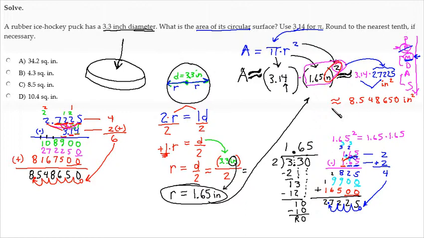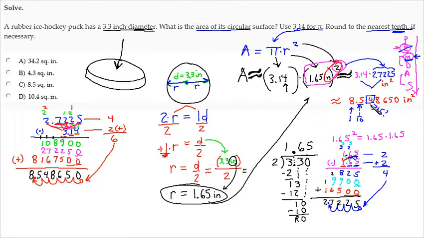Now, the last part that they asked us that I was beginning to mention is when we're being asked to round to the nearest tenth, this is the ones place, this is the tenths place. We look one digit to the right of the place value that they wished us to round to and ask, is that 4 greater than or equal to 5?